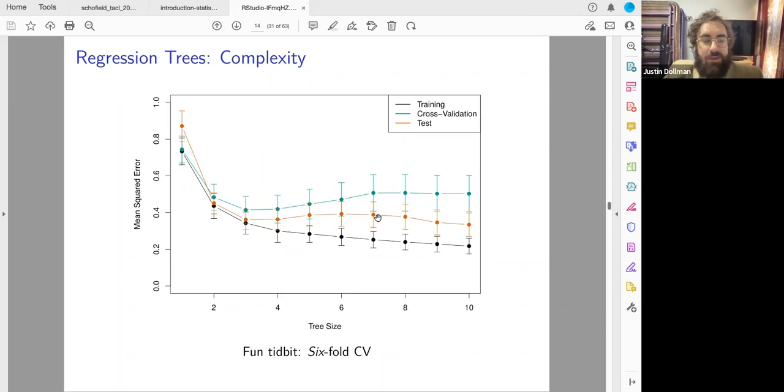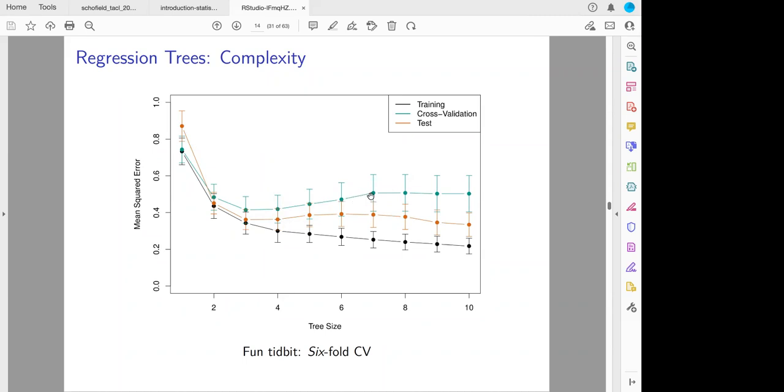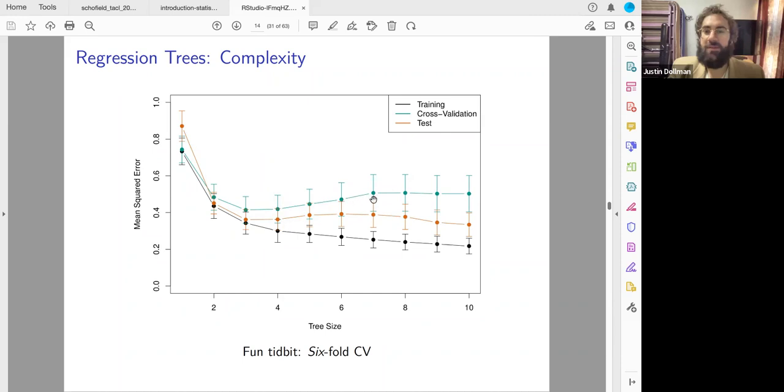What I was thinking of is, regardless of the size of the test set, the teal dots are fit with 5/6 of the data, whereas the orange dots are evaluating a model that was fit on all of the training data, so it had an extra 1/6 to fit it.